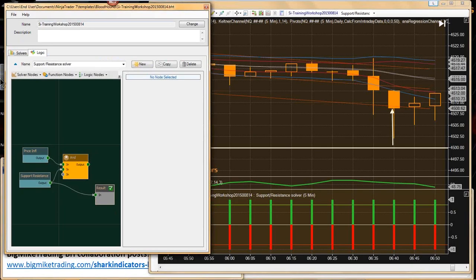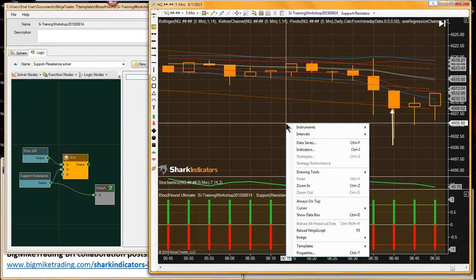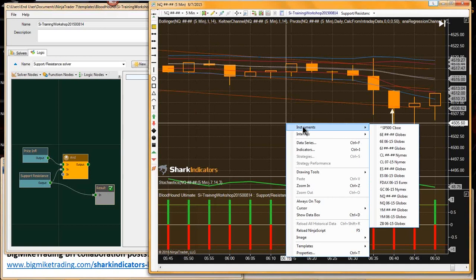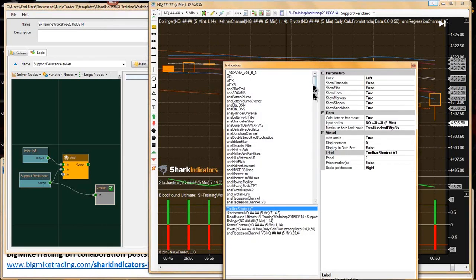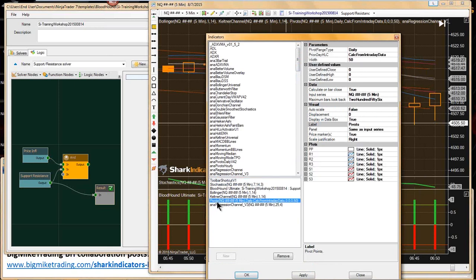So Frank was asking, can you use the support resistance solver to generate signals when price breaks through a support resistance line? Let me go back to my indicators here.